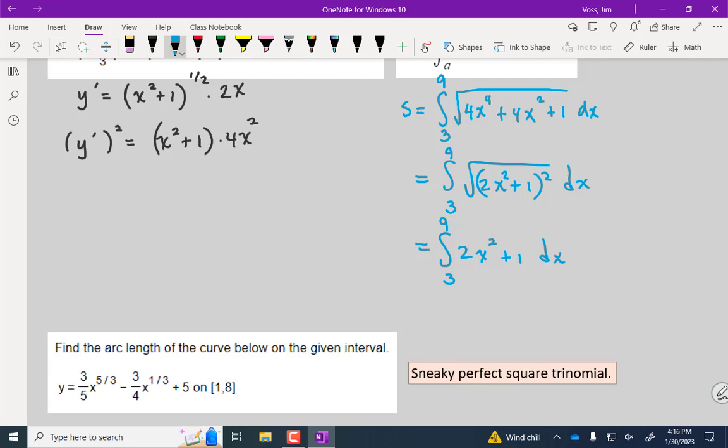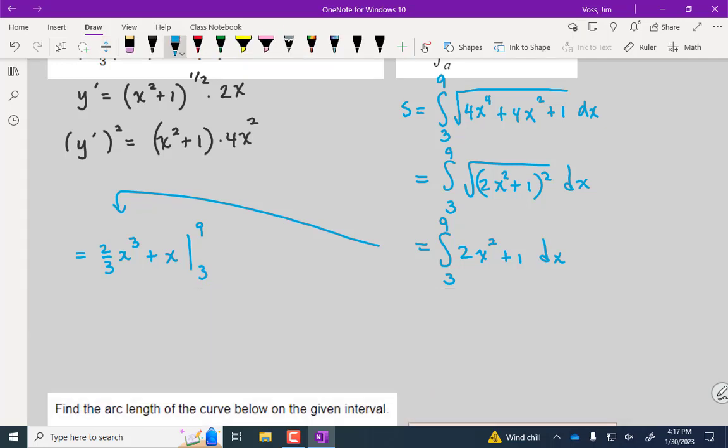Integrate both those. Let's come over here. So we integrate, we'll get 2/3 x cubed plus x from 3 to 9. Plug in the 9 first, plug in the upper limit first. Let's see, I'm going to write this. That's 9 cubed.